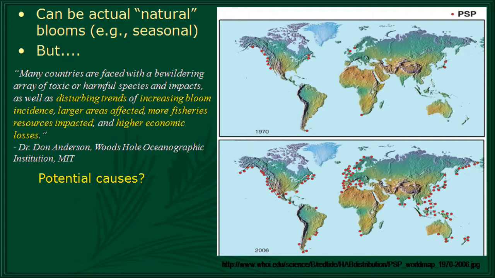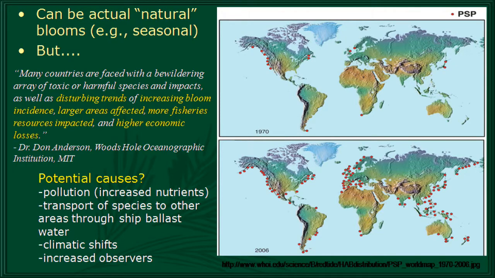So what are the potential causes of this spread in terms of harmful algal blooms? One is pollution. There's increased nutrients, so they can grow and reproduce more. The other is transport of HAB species to other areas through ship ballast water.